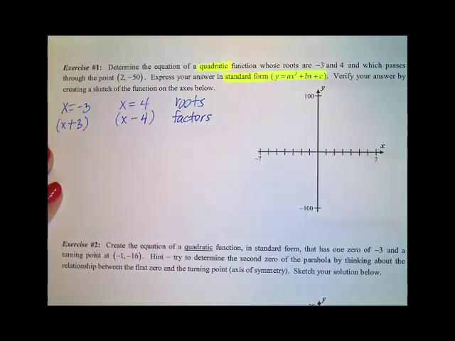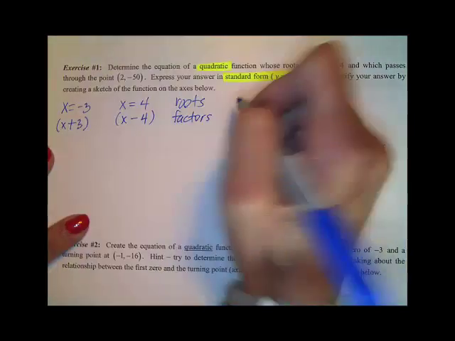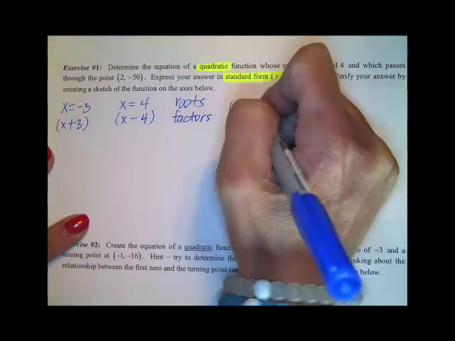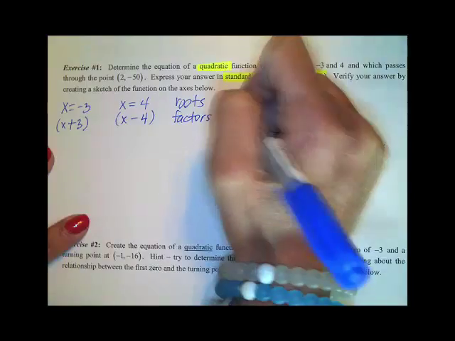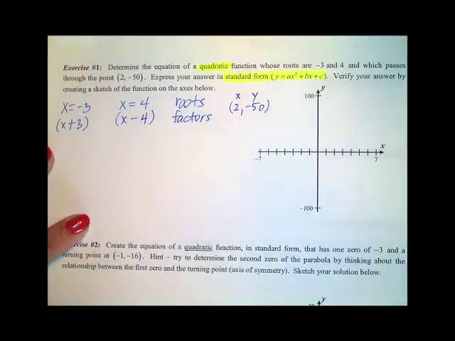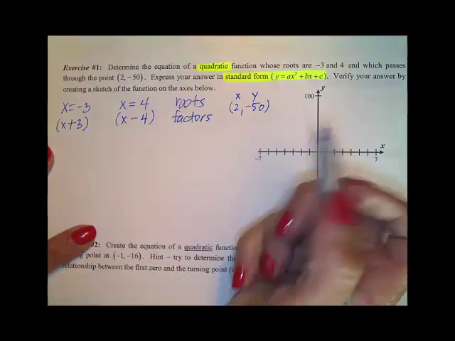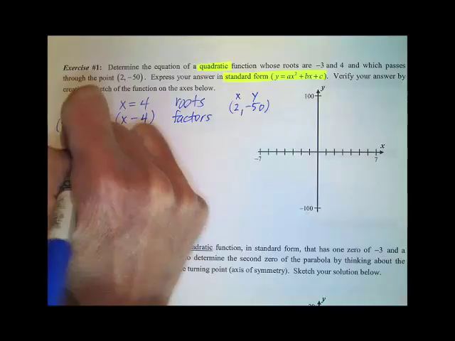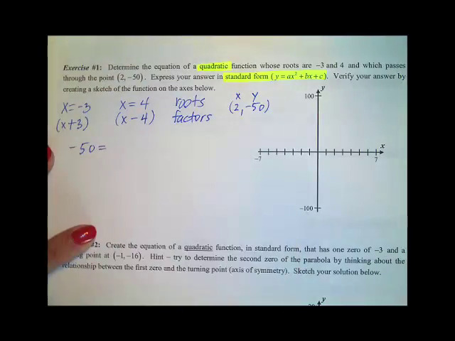We also have this point 2, negative 50, and that represents our x and y. So when we write equations, we have y equals, so negative 50 equals, and we have this a value, and we've talked about what a is. A is that stretch, compress, reflect thing in the transformation.